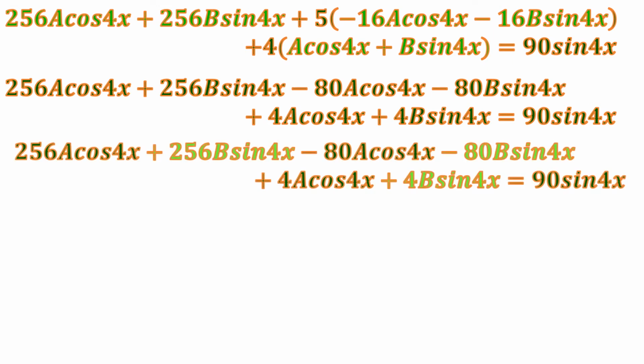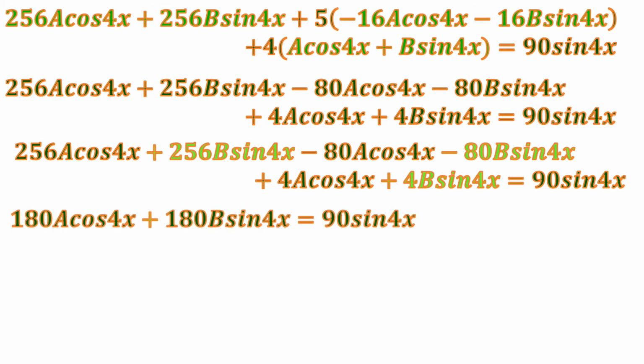And then we are going to combine like terms. As you can see, the cosines are colored with dark green, and the light green colored ones are the ones with the sine 4x, because we can combine them. So combining them will result to 180a cos 4x, and for sine it will be 180b sine 4x.